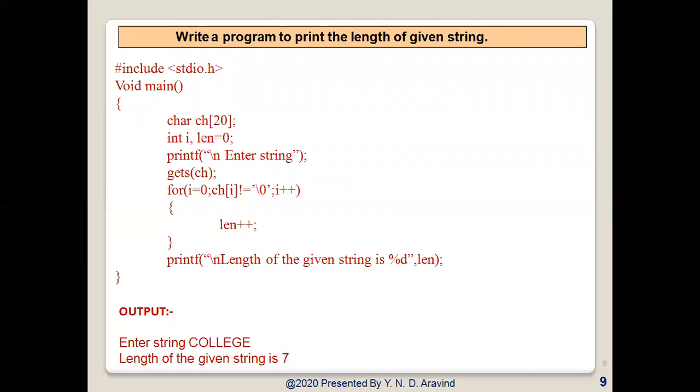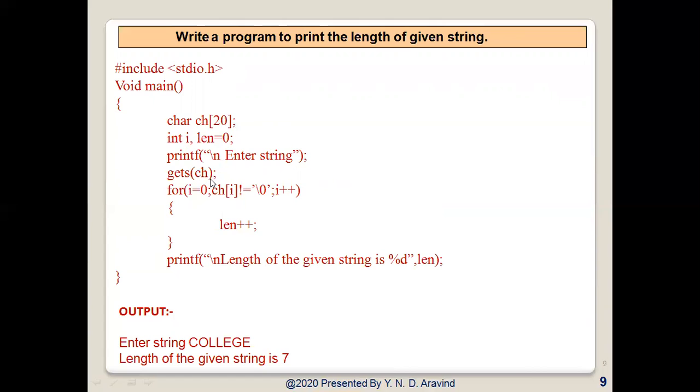Write a program to print the length of a given string without using string functions. So without using the string functions, how we can find the length of the string. For that, I have taken a string whose size is up to 20 and integer values i and len equal to 0. Both are integers. printf, enter the string. gets(ch).